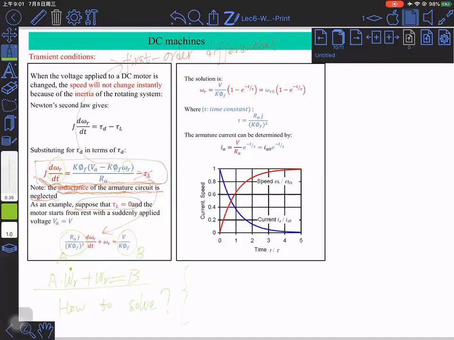We have two methods to solve it. The first method is to solve it in the time domain. In the time domain, what can we do? We are looking for something whose derivative is a linear function of itself.